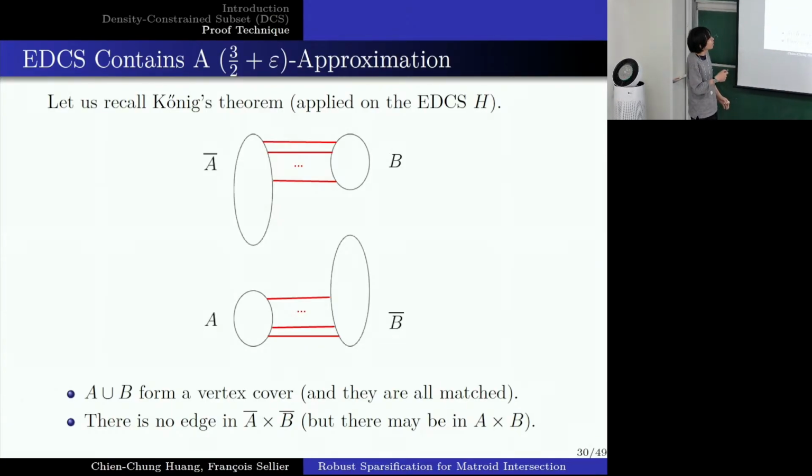And it is known that this A and B is a vertex cover. And then there's no edges between A bar and B bar. You could have some edges from here to here in H, but there's no edges from here to here. So that's Kőnig's theorem.